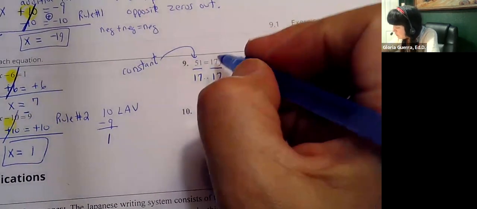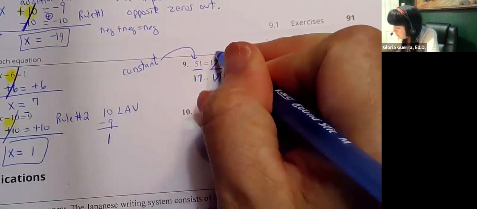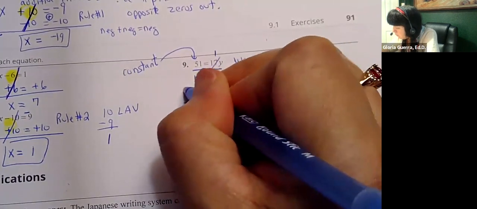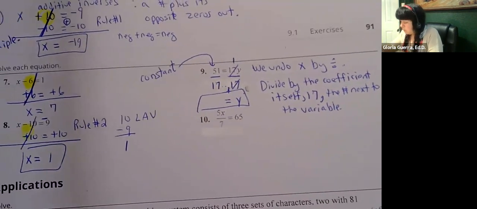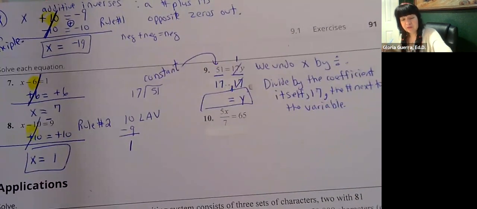Okay, so then 17 goes into 17 one time, and that just gives you y. And then 51 divided by 17. Remember how that sets up? I believe that's 3.